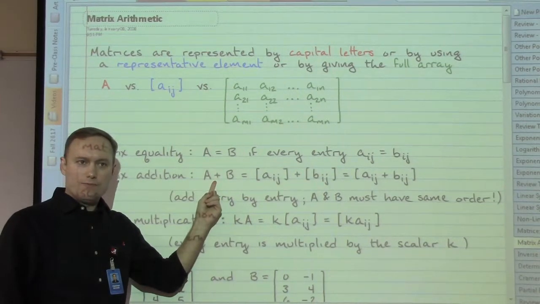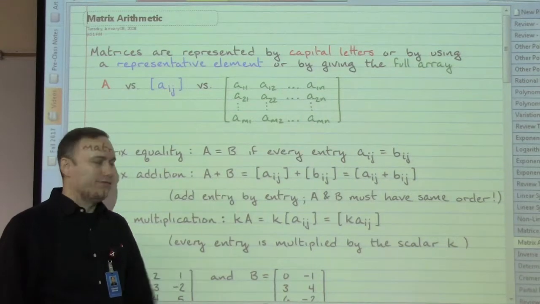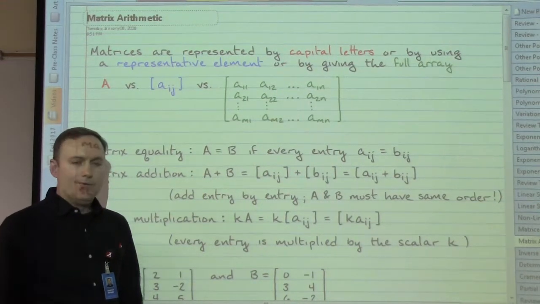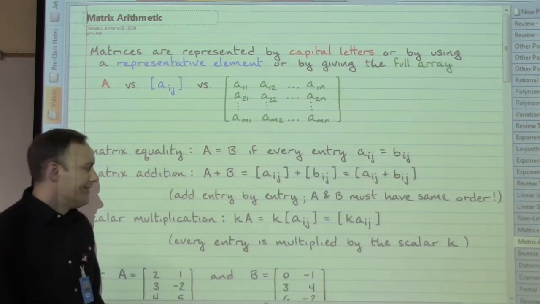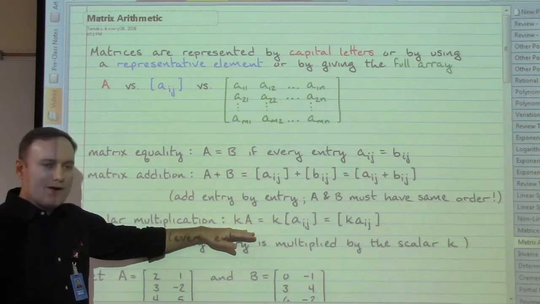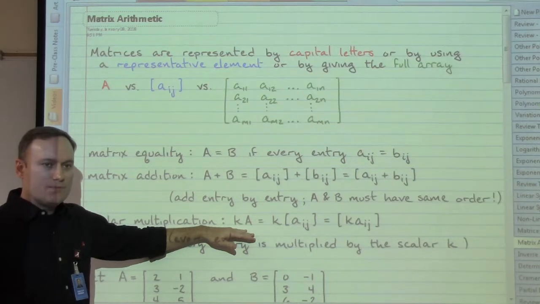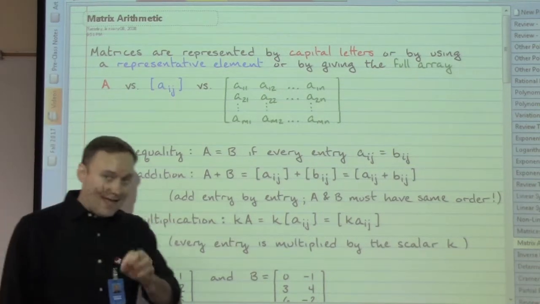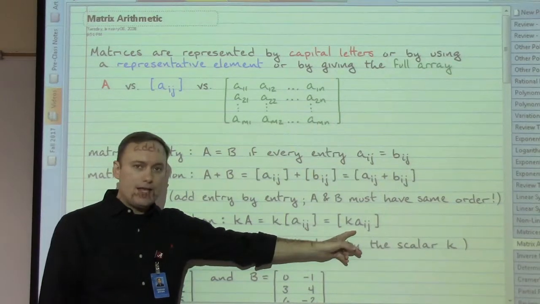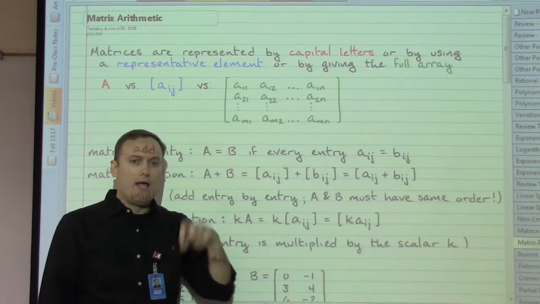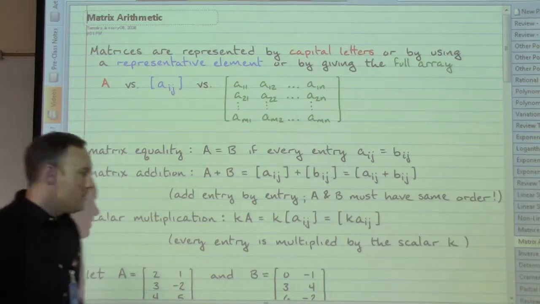So we turn subtraction into adding a negative. Whatever that means, essentially we're talking about subtraction. As far as multiplying a matrix by a single number, that again is happening entry by entry. Each entry in the matrix gets multiplied by that particular number that we're using.